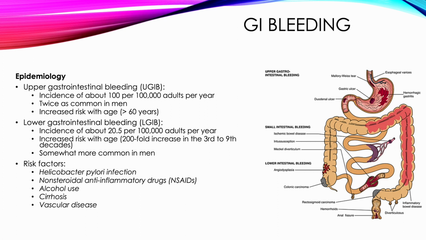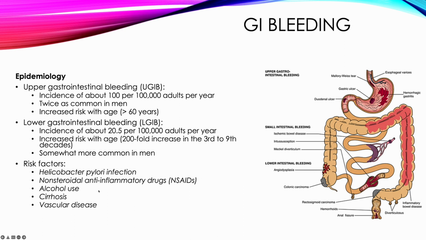Some of the risk factors for GI bleeding include things that we've talked about up to this point. So having H. pylori puts you at higher risk of having gastric and duodenal ulcers, peptic ulcer disease, which would put you at a higher risk of getting a GI bleed. That would be considered an upper GI bleed. Taking NSAIDs also puts you at risk of having these ulcers, and that would also be a risk factor for an upper GI bleed.